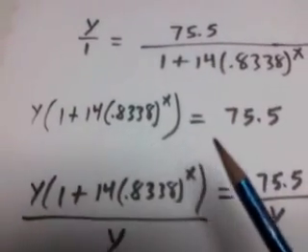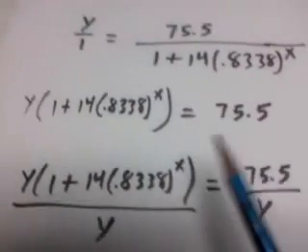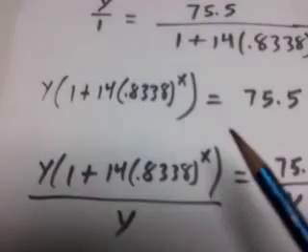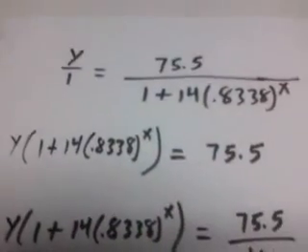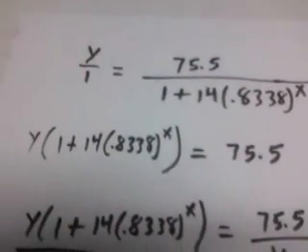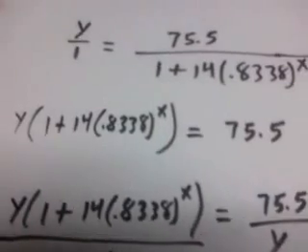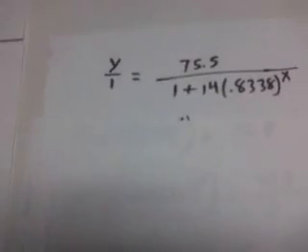And then, of course, we want to solve it for x, so we want to get x by itself. So the next thing we do is divide both sides by y. And that's what I've done here.